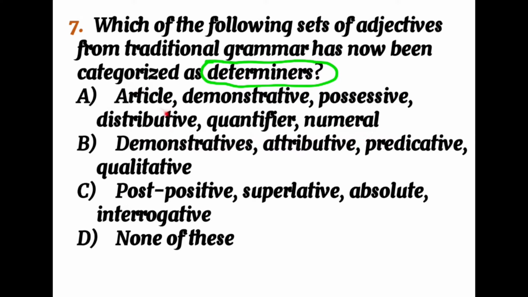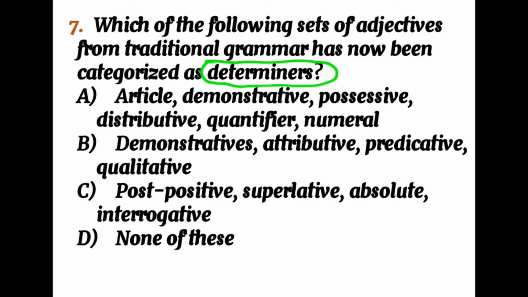So you can say, see, as if you read Wren and Martin, High School Grammar and Composition, that is very common as far as grammar learning is concerned in our area. That book categorizes even articles under the head of adjective, and again demonstrative adjective it says, possessive adjective, distributive adjectives, quantifiers, and numerals are also called adjectives.